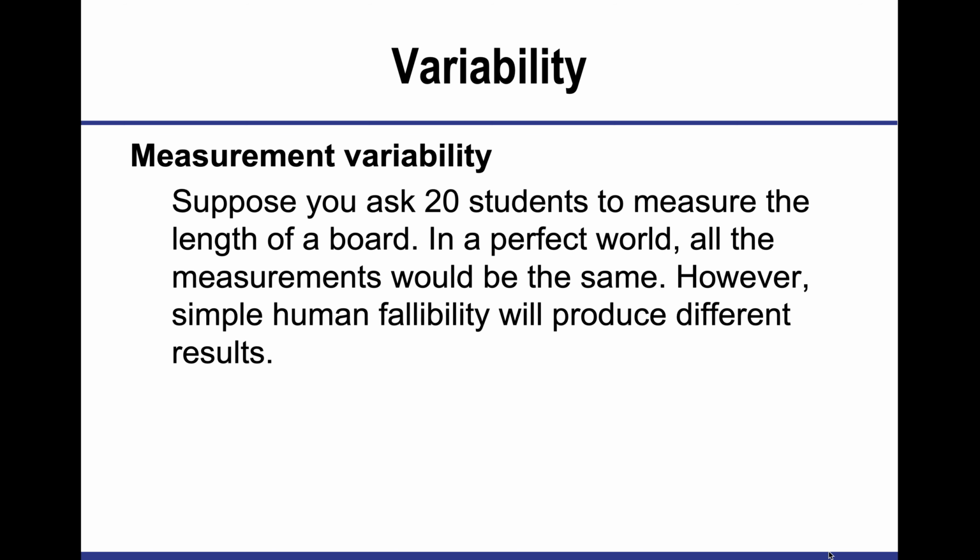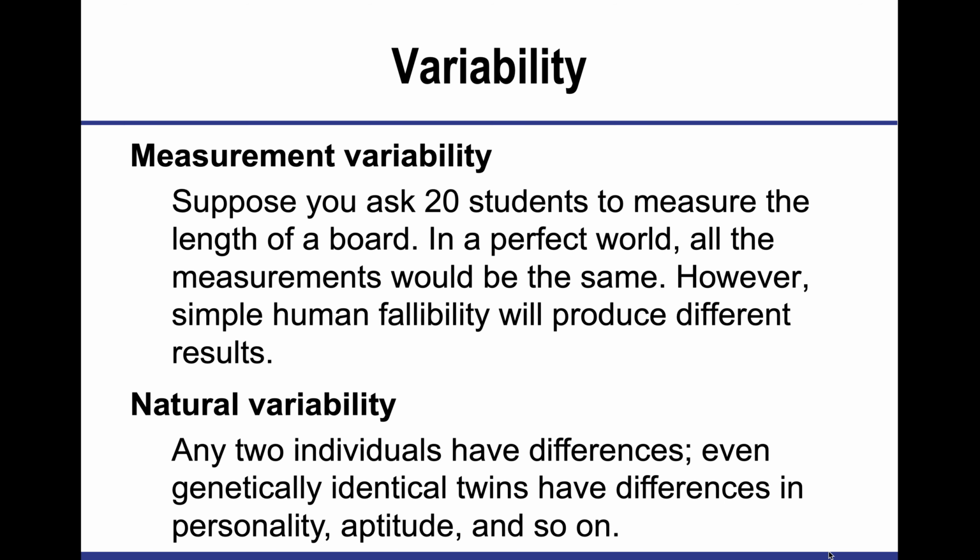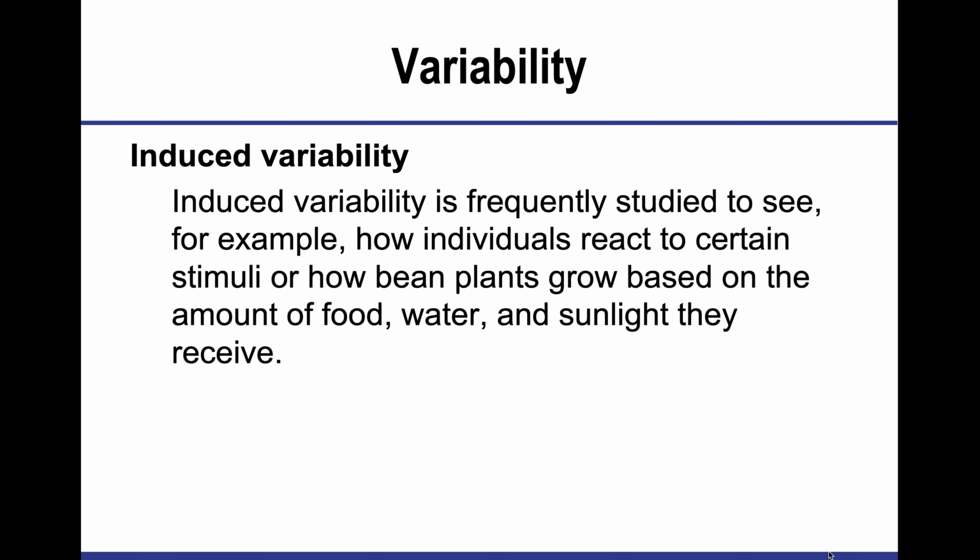So those measurements are going to vary somewhat between each student. Any two individuals have differences, even genetically identical twins. So no matter what we do, our eyesight is different, who we are is different, how our brain works is different. So we're going to see that come through in data sets with statistics.